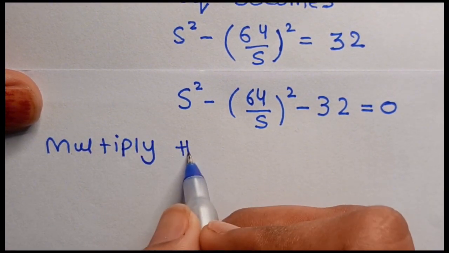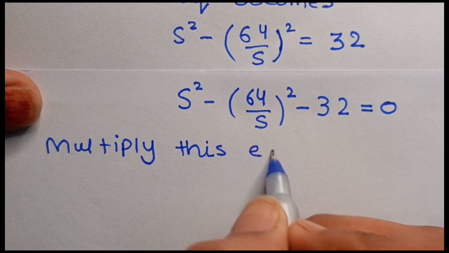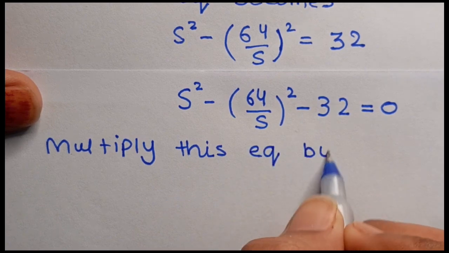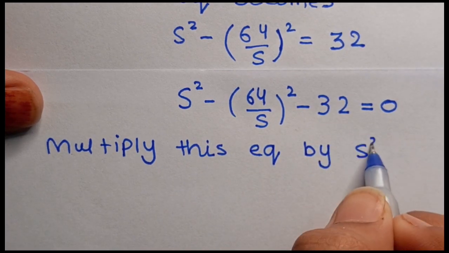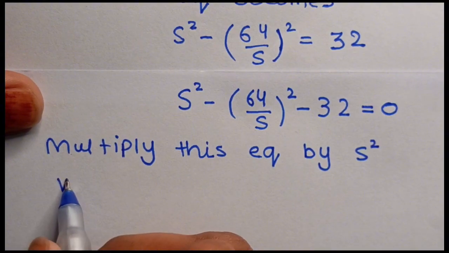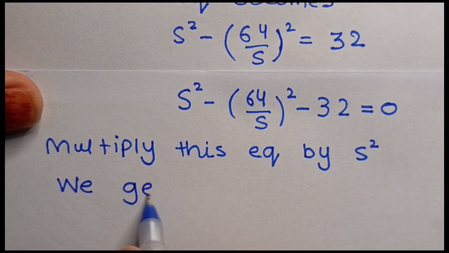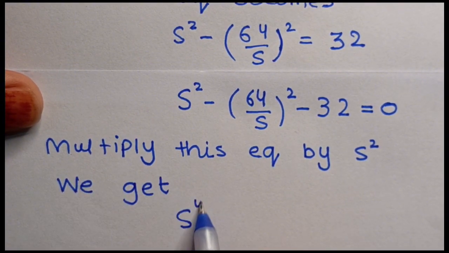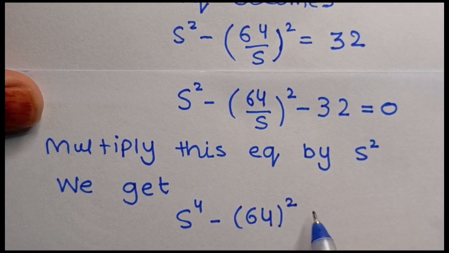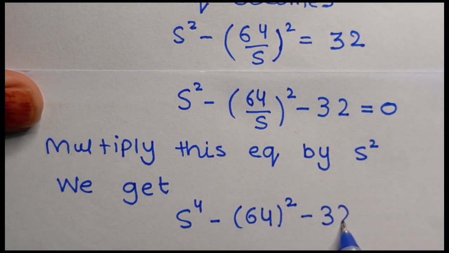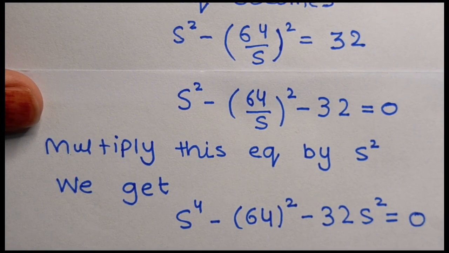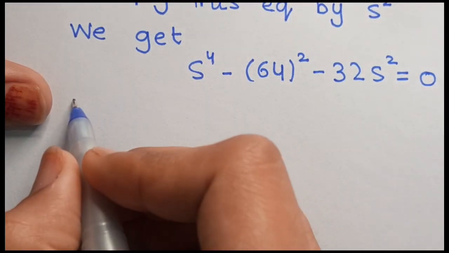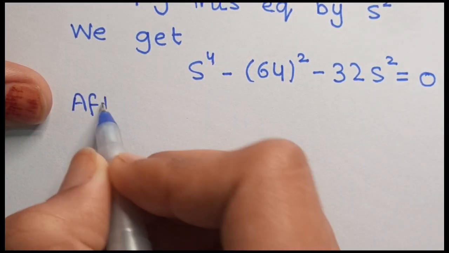Multiplying this equation by s square to get the equation in the form of a quadratic equation. So we get s to the 4 minus 64 square, s square will be cancelled, minus 32 s square is equal to 0.